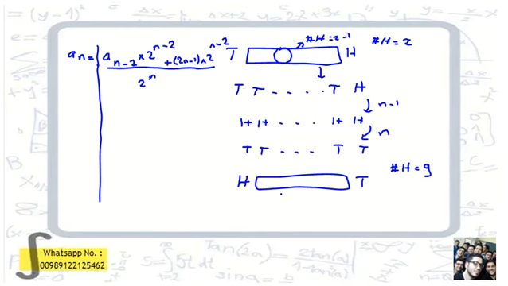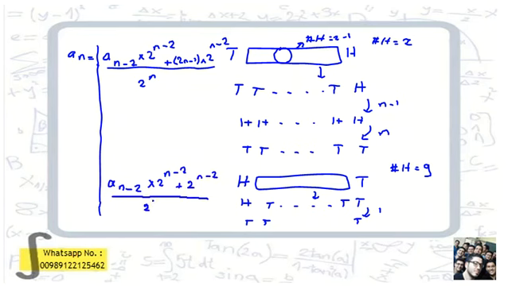Now we can say that we reach from this part to h, t, all of them t, and in one step we can change all of them to t. So first it's one step, and now it will be a_{n-2} times 2^{n-2} plus 1 for each of them, 2^{n-2}, all over 2.